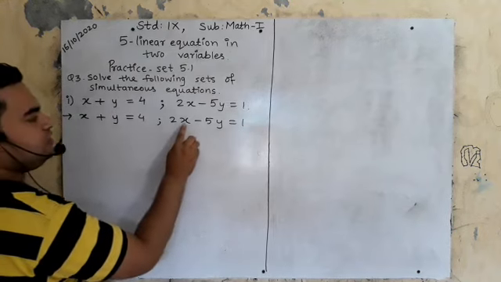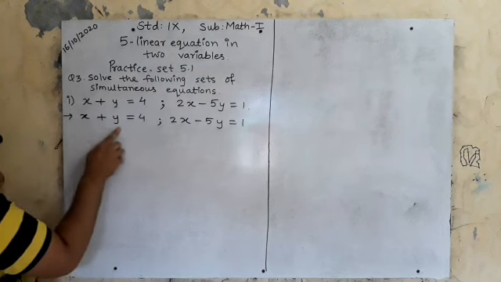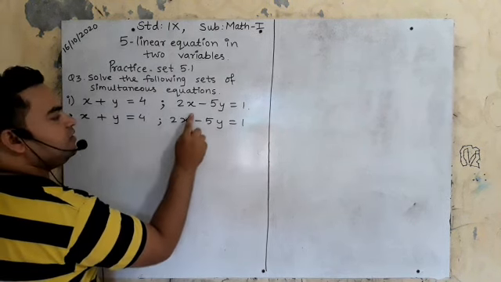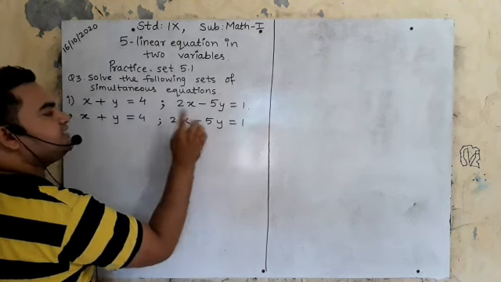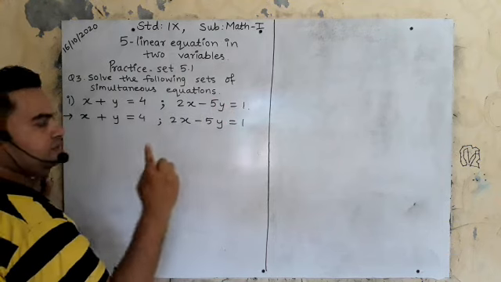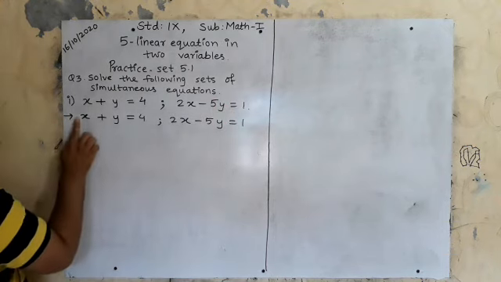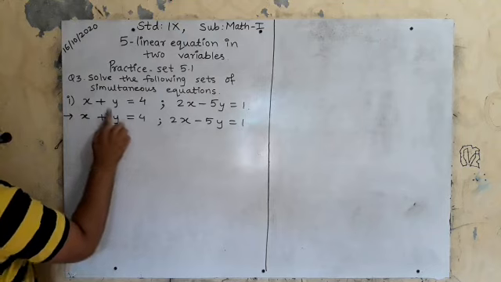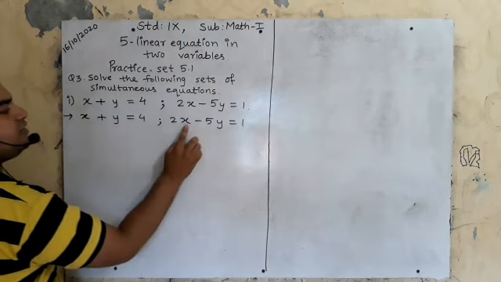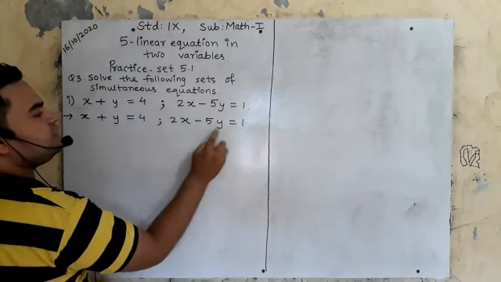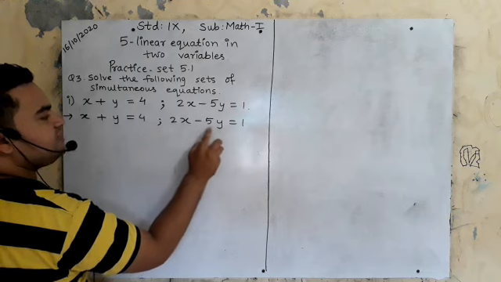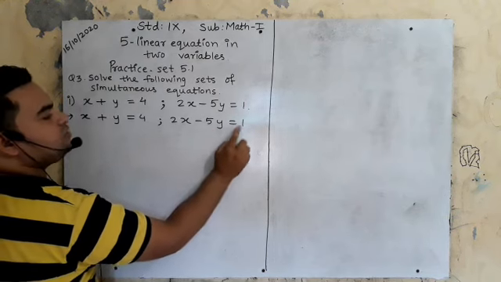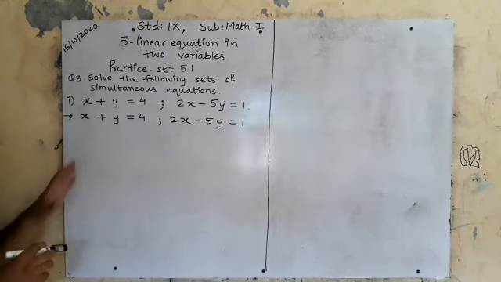Here also two variables, x and y. Whose highest power, highest degree is 1. Here coefficient of x is 1, coefficient of y is 1, here coefficient of x is 2, coefficient of y is minus 5, can you see over here, is equal to 1. So this is very much simple.